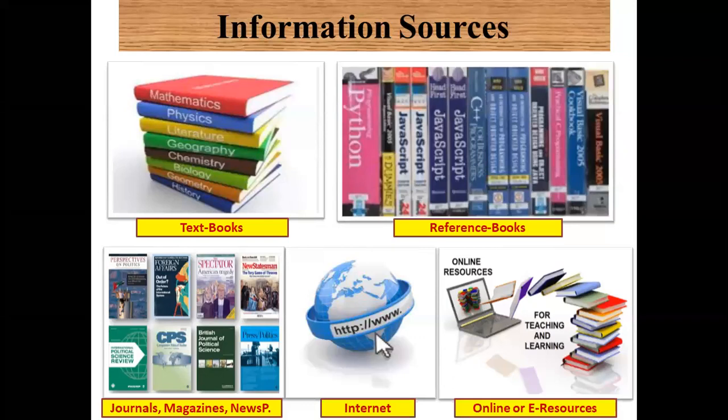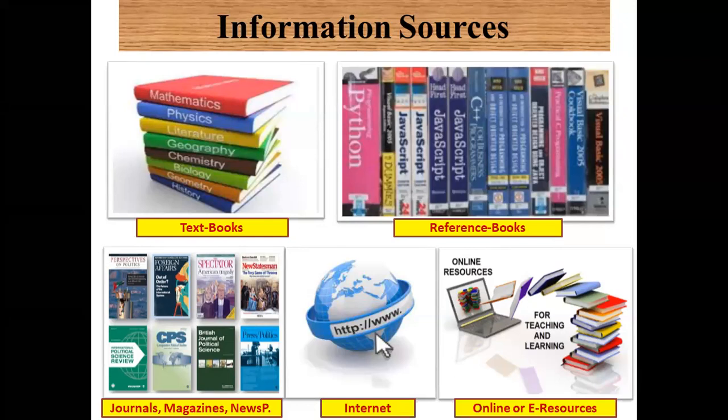The articles will be published recently, because journals are published either monthly or quarterly, that is every 3 months, every 4 months, or every 6 months. That is the periodicity of journals, and that is the reason journals are considered to be an authentic source of information, because the writers of journals or magazines are experts in their respective fields.